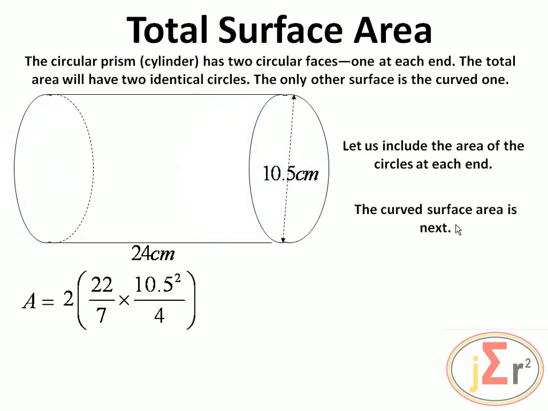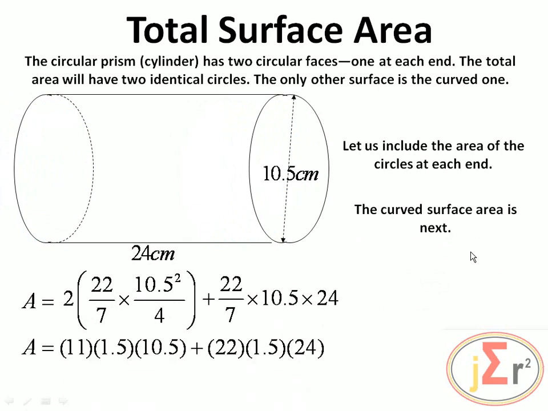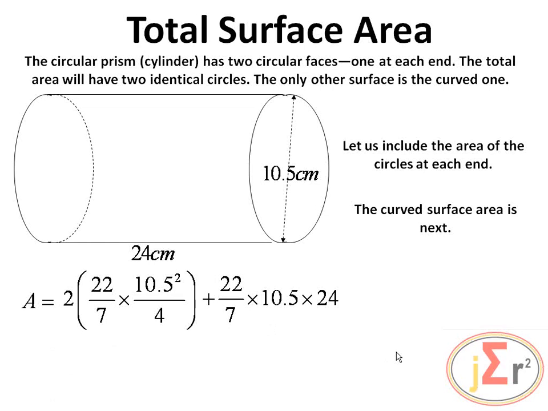The curved surface area is next. So remember that the curved surface area is what? It is 2 pi r h or pi d h, but we are making use of the diameter that we have right there.